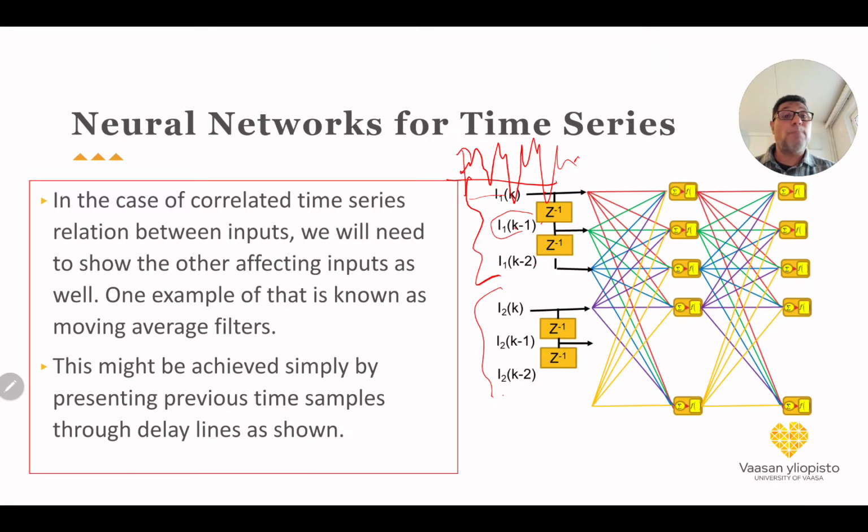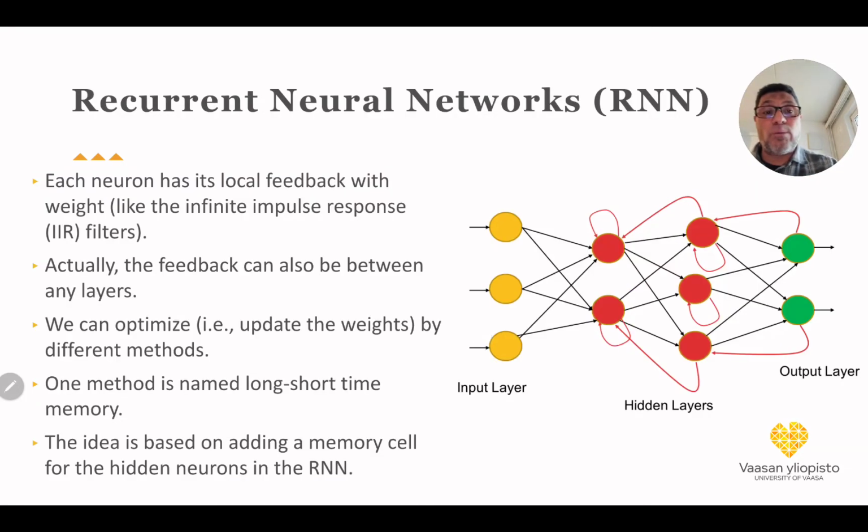How can we deal with data with memory? We also have the recurrent neural network, where the network is not feed forward, but the data from the neuron can go back, maybe to the same neuron, or can go back from layer to layer. In this case, we can handle the memory that we have about the process.